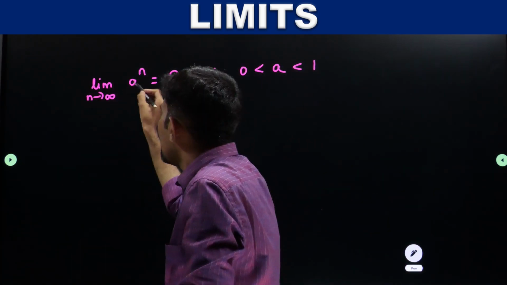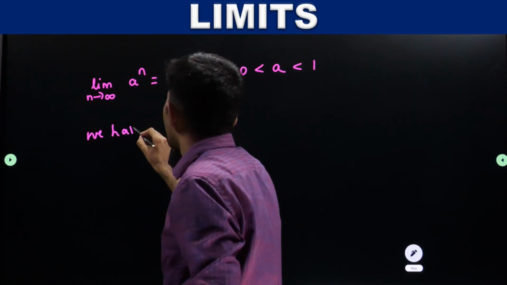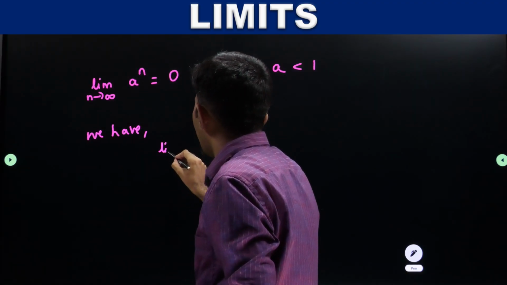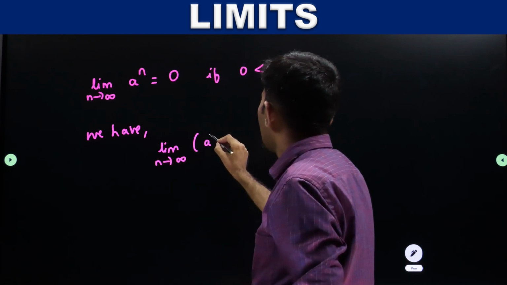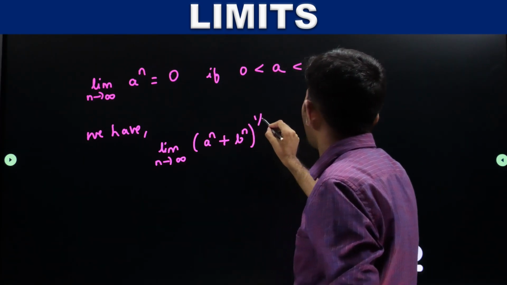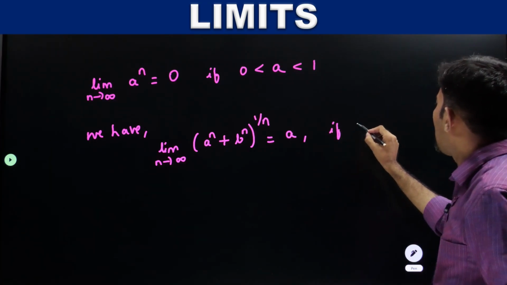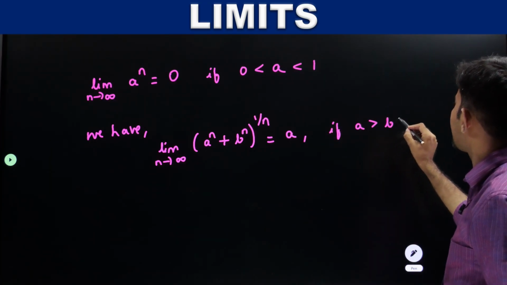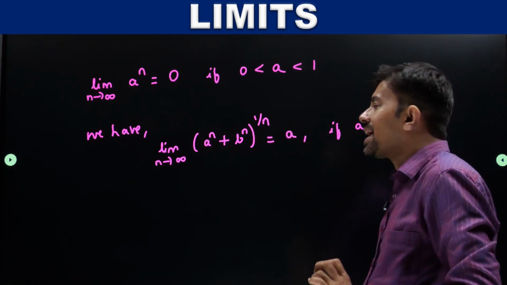Already told this result. Based on this, we have limit n tends to infinity of (a power n plus b power n) to the power 1 by n, which is equal to a if a is greater than b is greater than 0. Both a and b are positive and the bigger number is a.